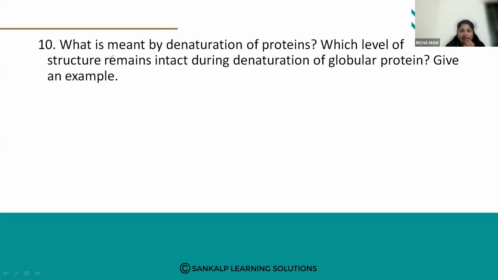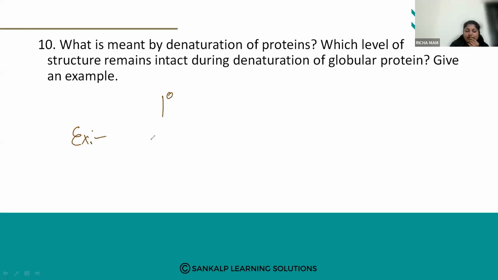So again, I'll read the definition. The process by which proteins lose their biological activity when subjected to change in temperature or change in pH is called denaturation of proteins. Then, which level of structure remains intact? It is the primary level. The primary structure remains intact.